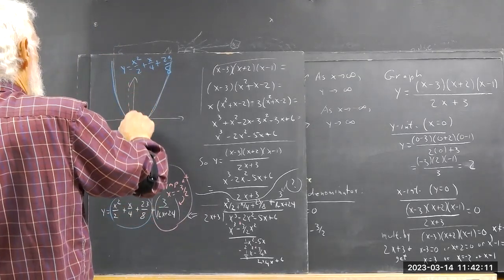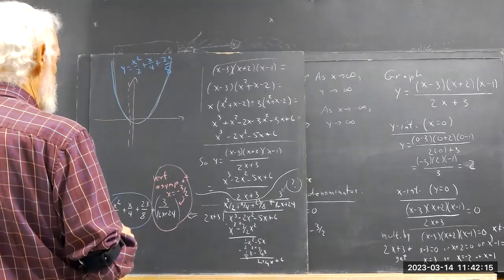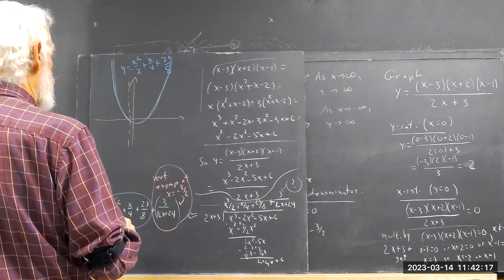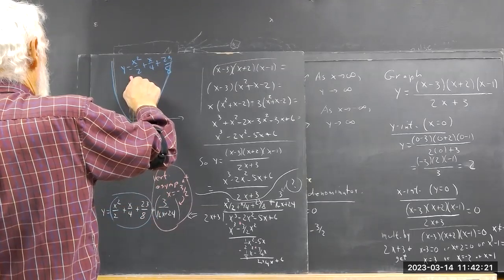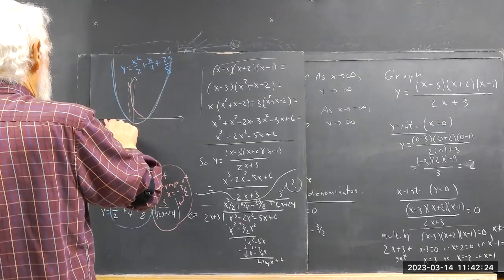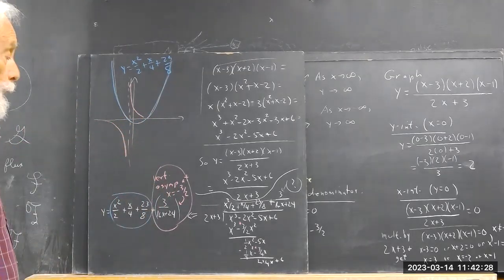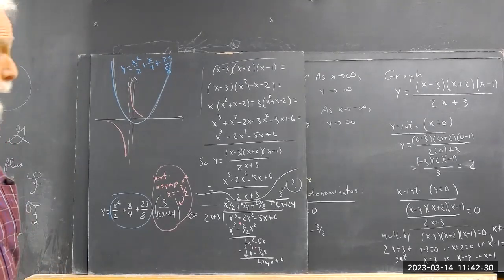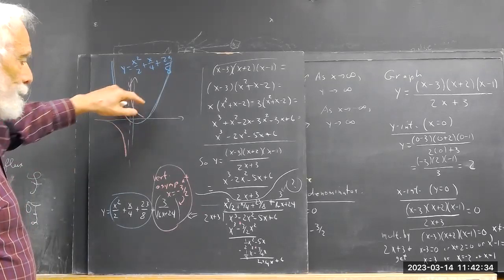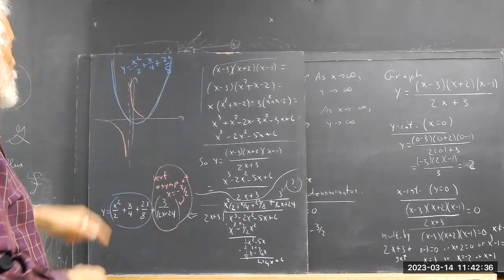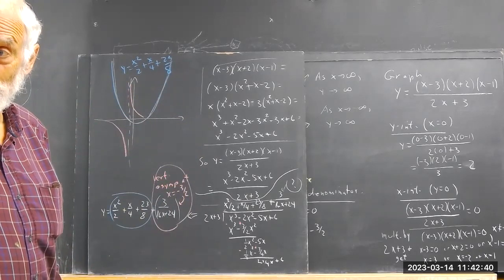So what's going to happen is we've got something very much like the reciprocal function, but with the vertical asymptote here instead of at the y-axis. When you get close to this line, this vertical asymptote overwhelms this parabola.